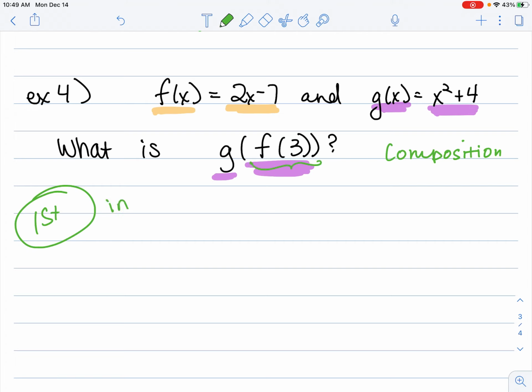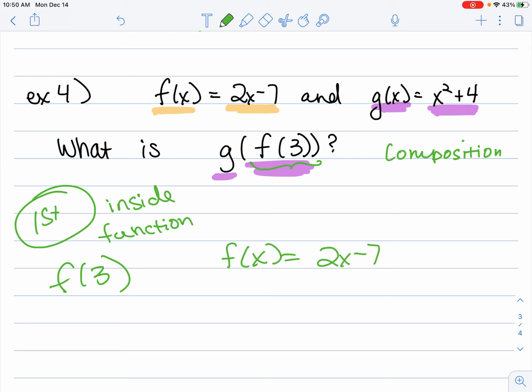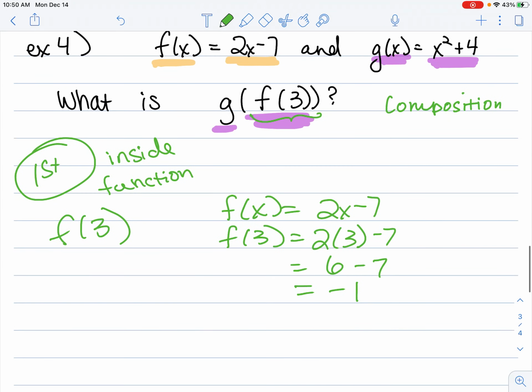We're going to find f of 3. So f of x, remember they said, was 2x minus 7. So f of 3 is going to be 2 times 3 minus 7, which is 6 minus 7, which is negative 1. So we know f of 3 really equals negative 1.